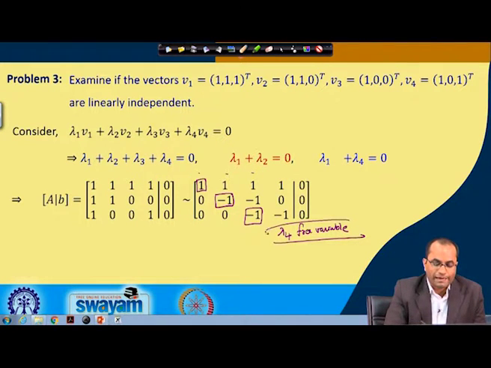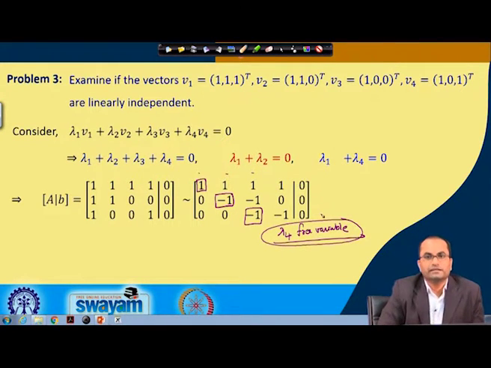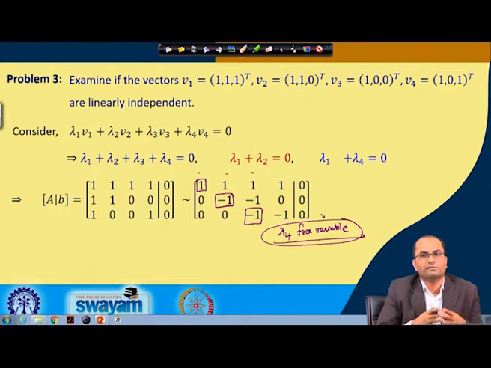Having a free variable in the solution of the system, we naturally get infinitely many possibilities for the solution, and once we have infinitely many solutions, that system cannot be linearly independent, because we do not have the unique solution where all these lambdas are equal to 0.